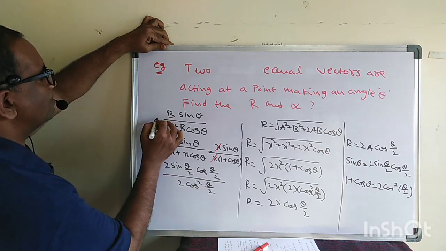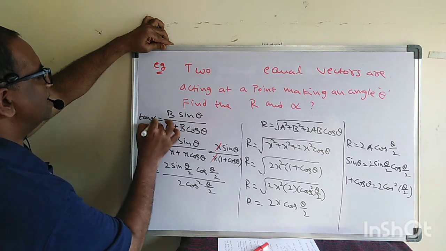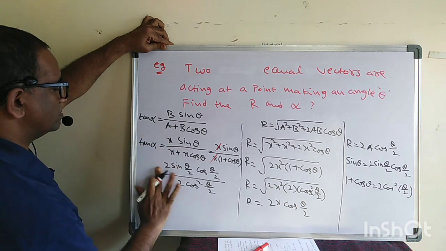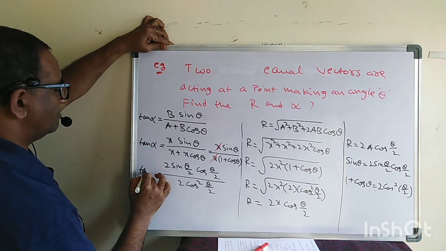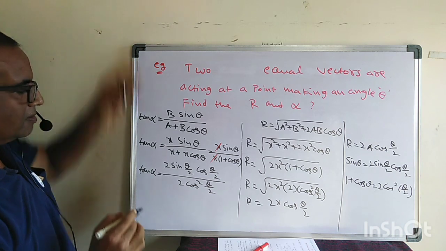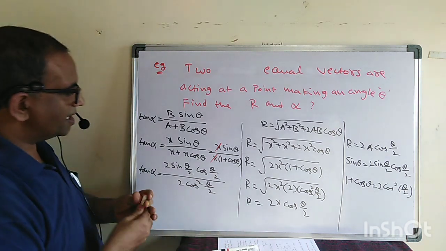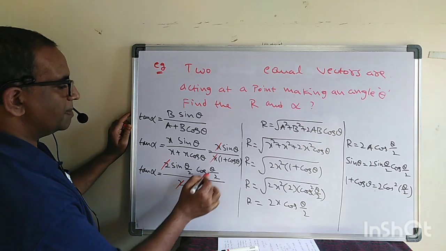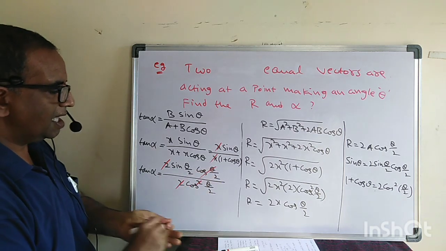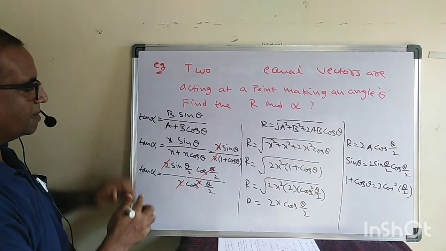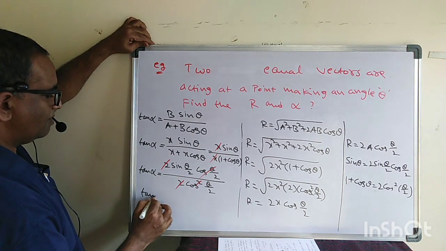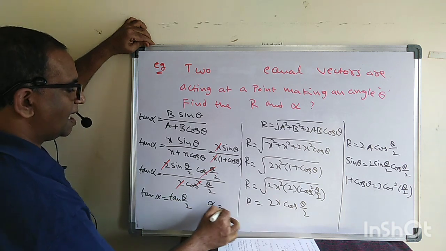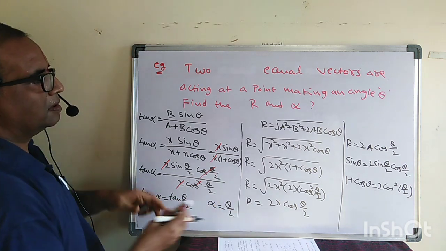Observe carefully: here you can cancel the 2 and 2, and cos theta by 2, cos theta by 2 cancel. Therefore, sin theta by 2 by cos theta by 2 is how much here? tan alpha is equal to tan theta by 2. Therefore, alpha is equal to theta by 2.